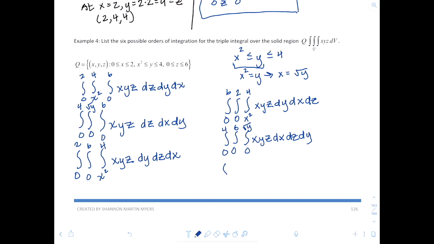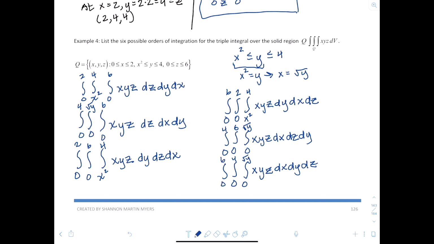And then the last way we can set it up is x times y times z, and then dx, dy, dz. So this would again be 0 to root y. Then we would have 0 to 4, and then 0 to 6.